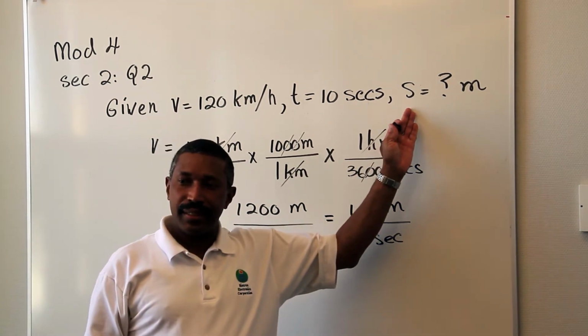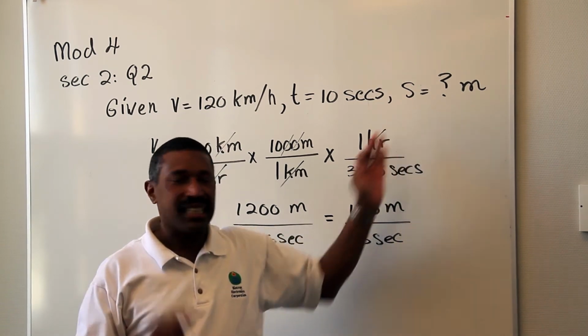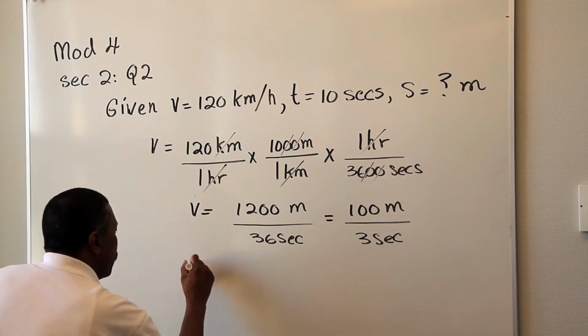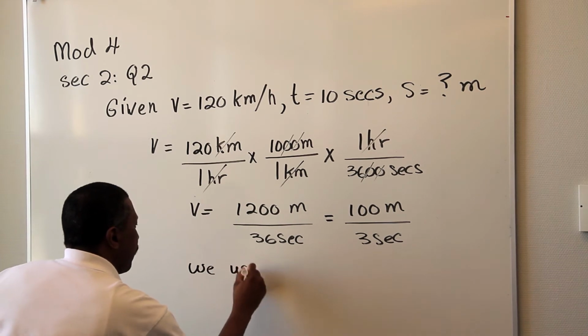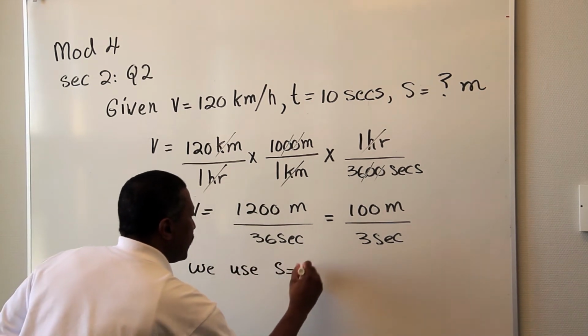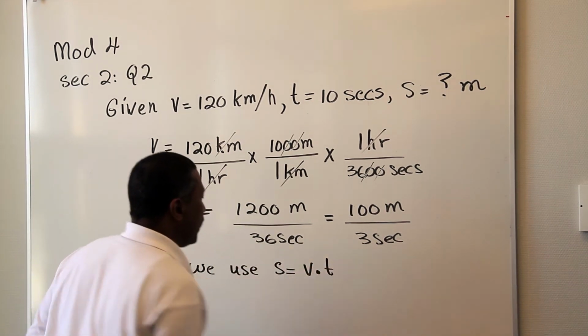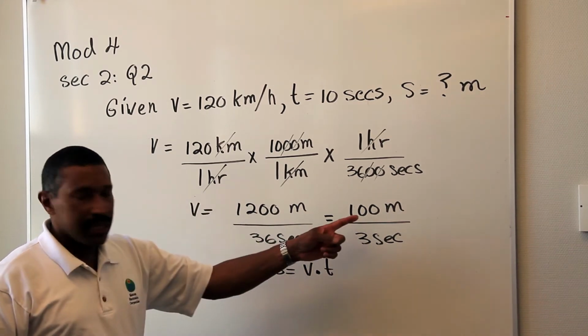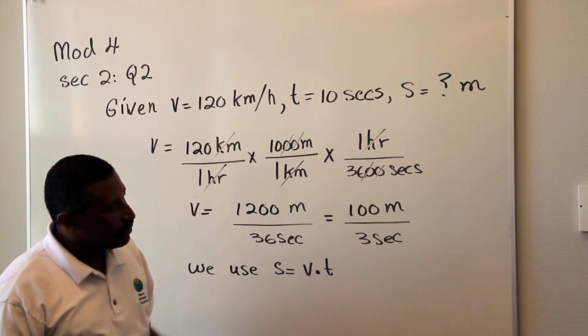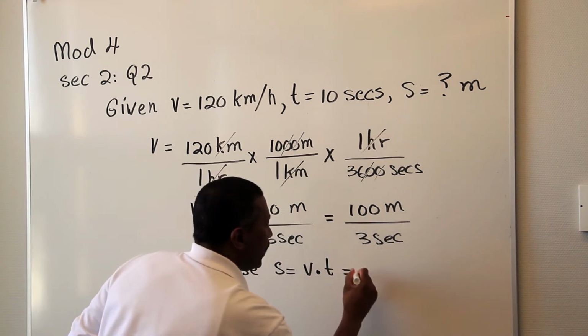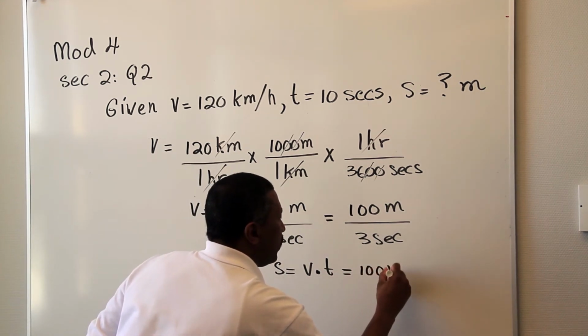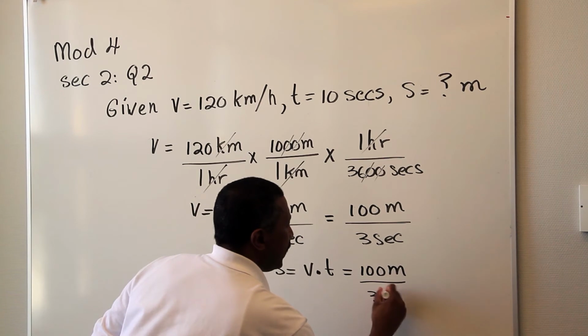How do you find the distance that you would travel in 10 seconds? To solve that, we use the distance formula. S is equal to V multiplied by T. You know the velocity is 100 meters every 3 seconds. So you write that in as 100 meters every 3 seconds.